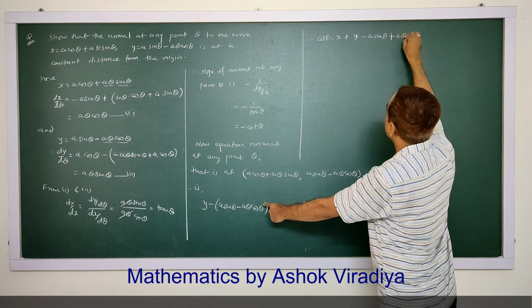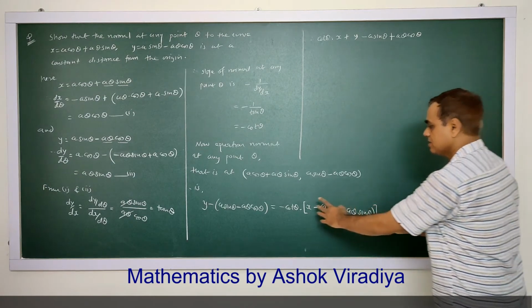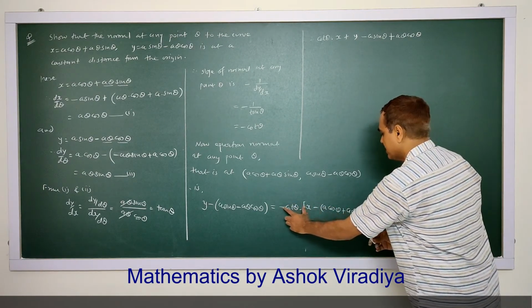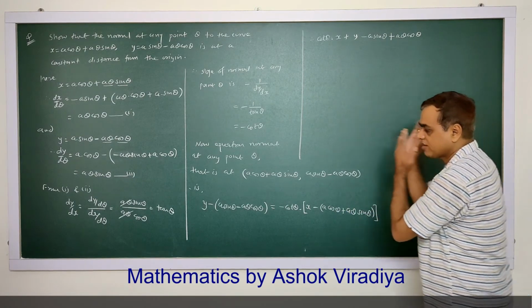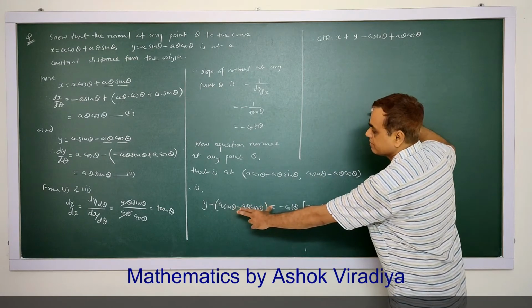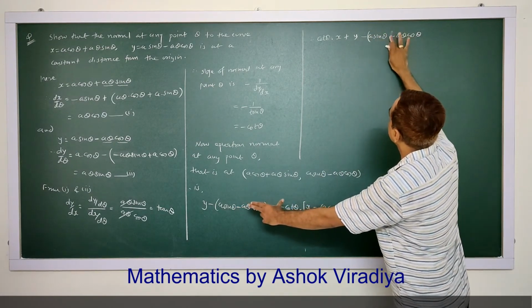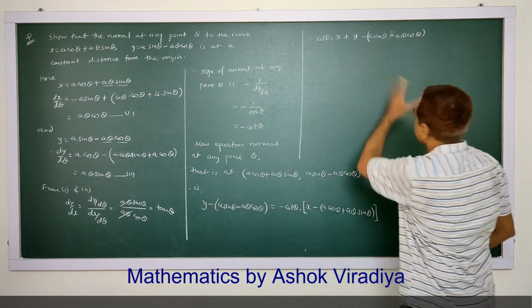then minus cot theta into minus of this number. That will be shifted on the other side, or for a few minutes let me take this as it is. This number we keep as it is.